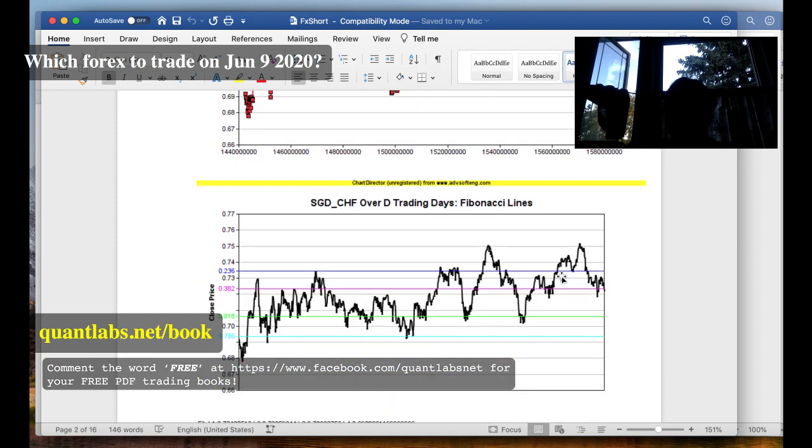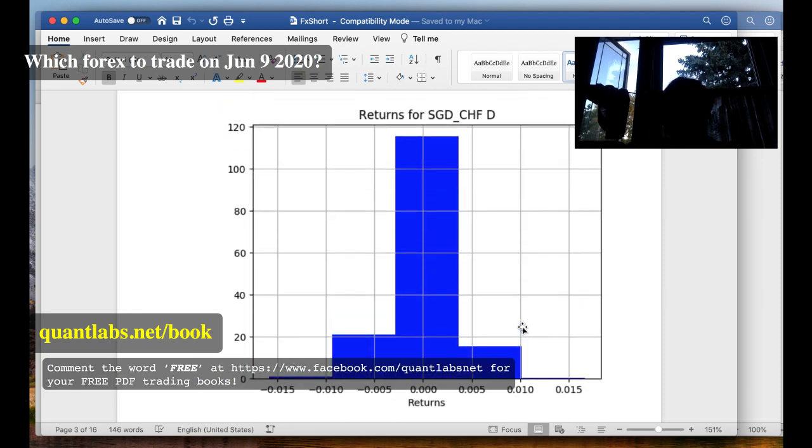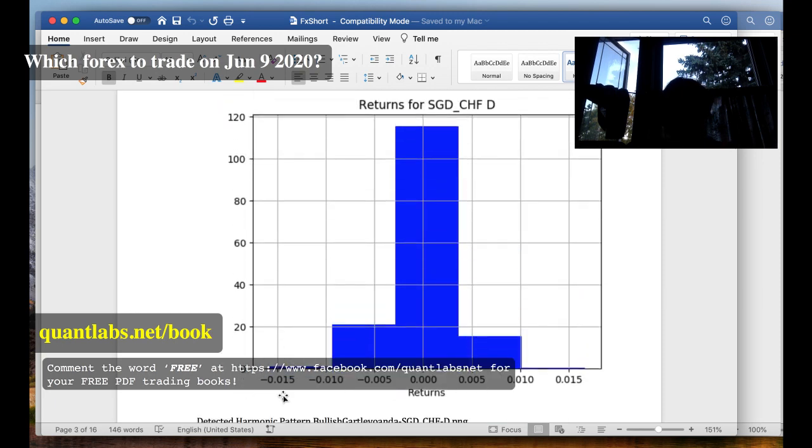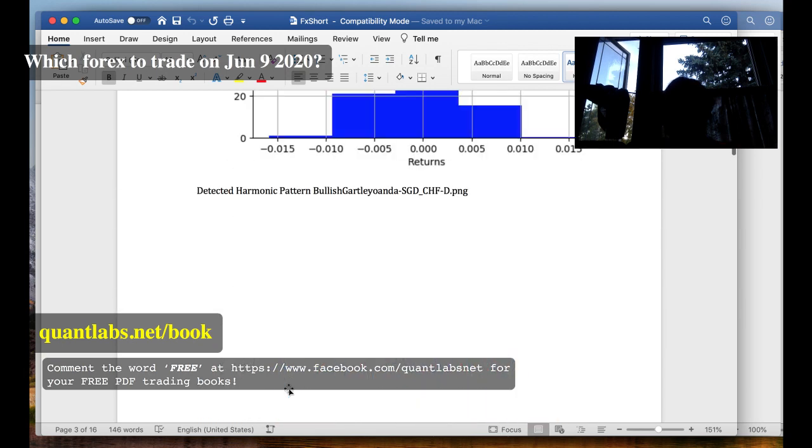It could be potential, because historically, when it hits this 382 level, it does drop back down below the 618 Fibonacci. You can see there are more fat tail losses on the distribution.